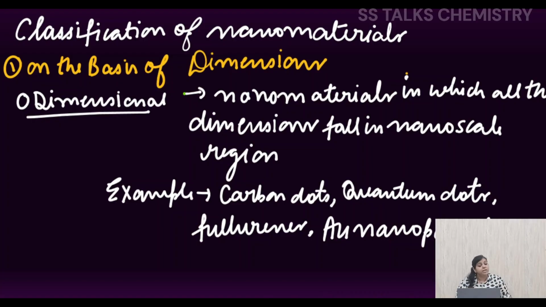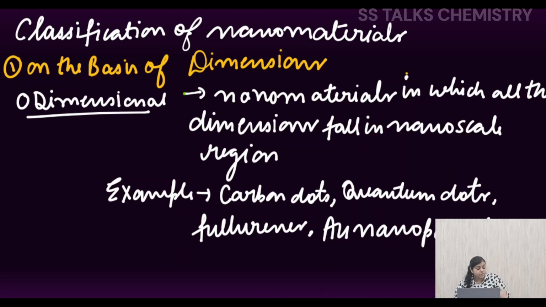So based upon the dimensions, we can classify the nanoparticles as 0-dimensional, 1-dimensional, 2-dimensional and 3-dimensional. What generally we say is that if you are having a 0-dimensional species, it means none of the axes is lying in that region, but in the case of nanomaterials, it is not like that.